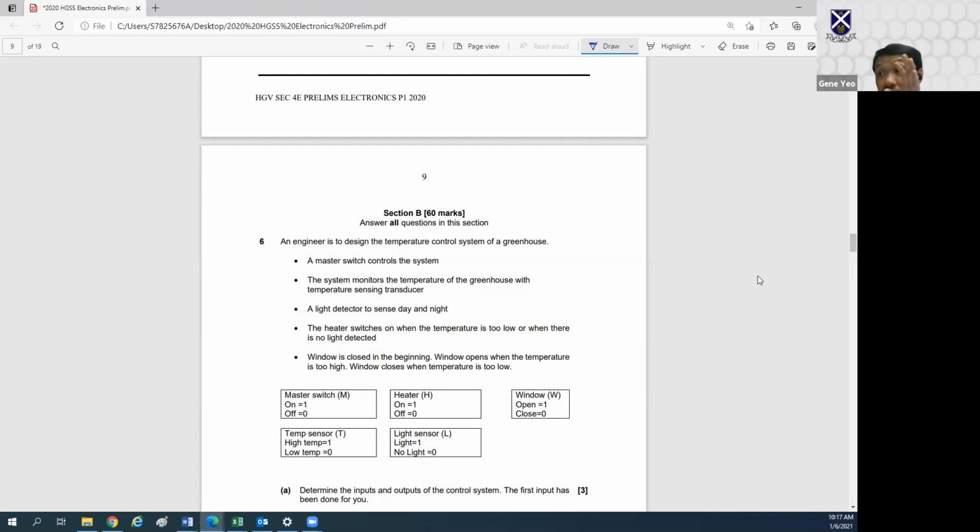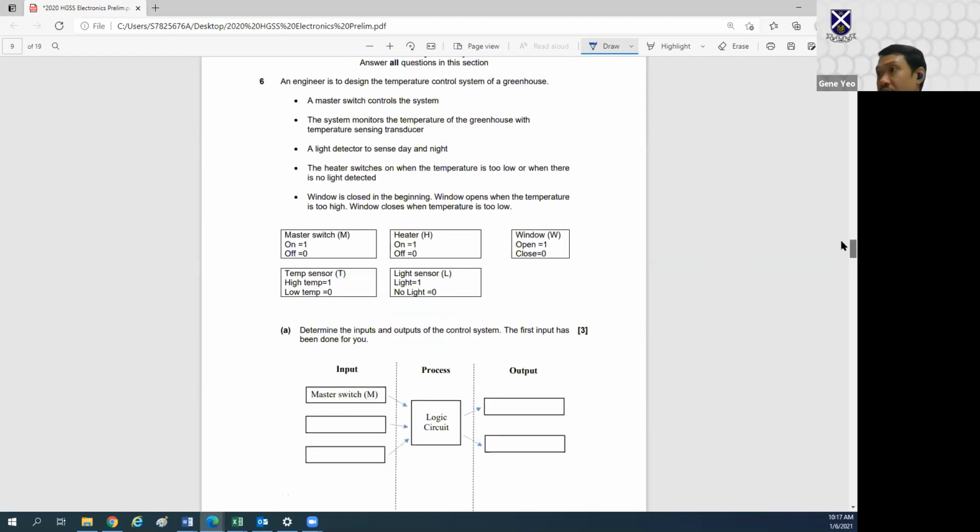So usually for section B, this is where the testing of your chapter 14 IC chips, your digital gates, all this should appear in section B. Okay, so with that in mind, let's dive in section B.